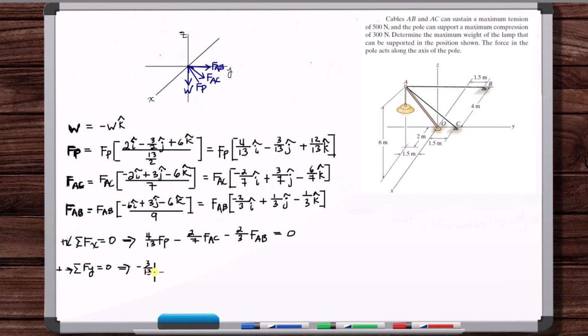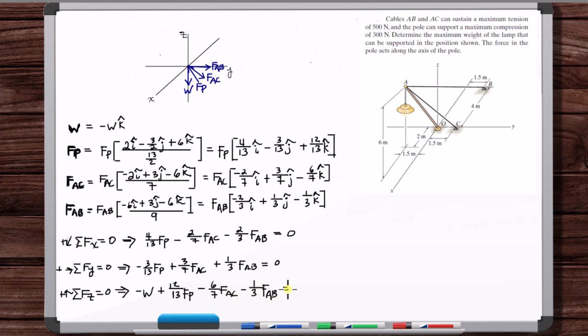Minus 3/13 FP plus 3/7 FAC plus 1/3 FAB is equal to 0. All right. Now, sum of the forces in the Z are equal to 0. You've got minus W plus 12/13 FP minus 6/7 FAC minus 1/3 FAB is equal to 0.